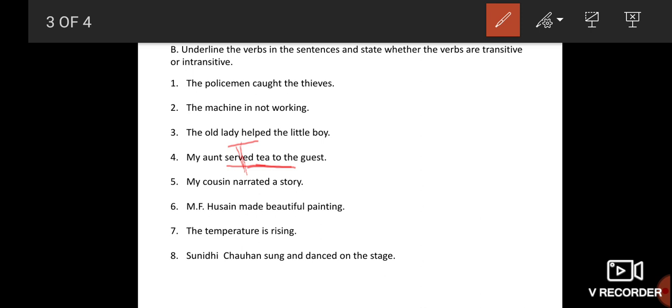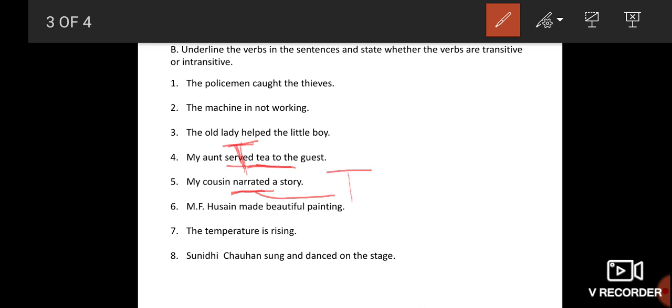My aunt served tea. This is a transitive verb. Next sentence, my cousin narrated a story. My cousin narrated. Again, narrate requires an object. So this is also a transitive verb.